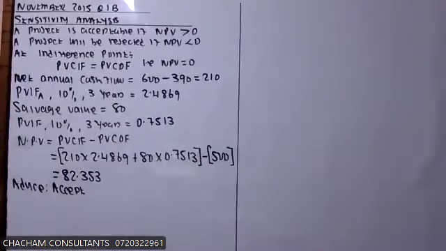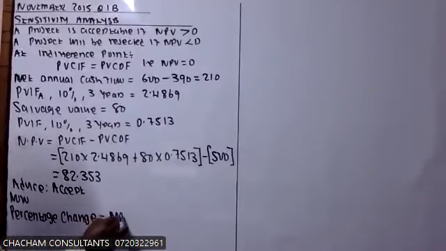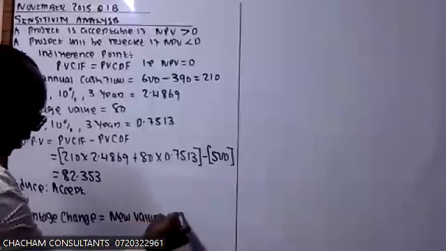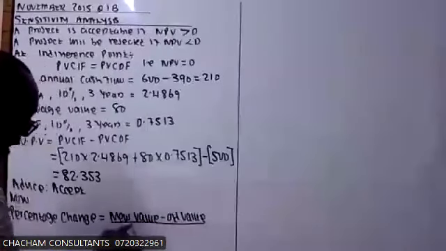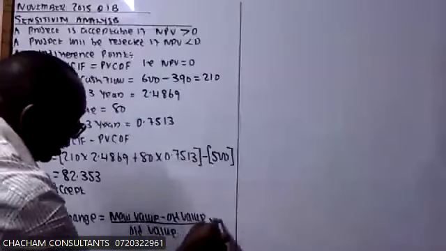Now we are told to compute the percentage change. So how do we get the percentage change? If you are looking for the percentage change, I told you, you should always get the new value less the old value, divide by the old value, times 100.